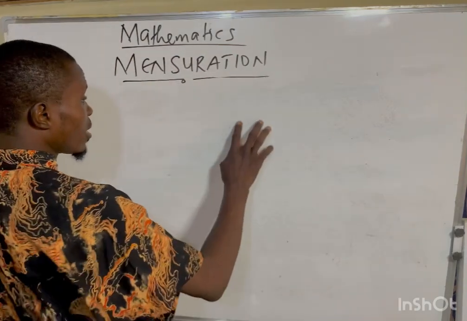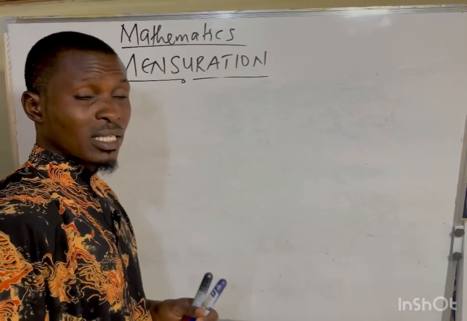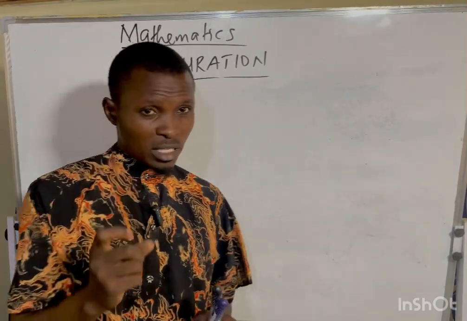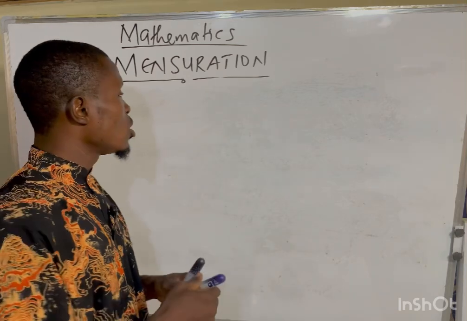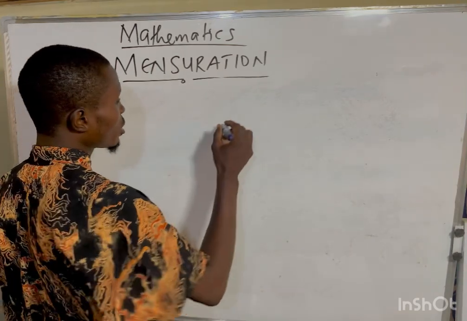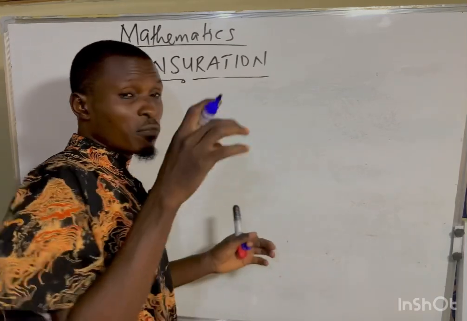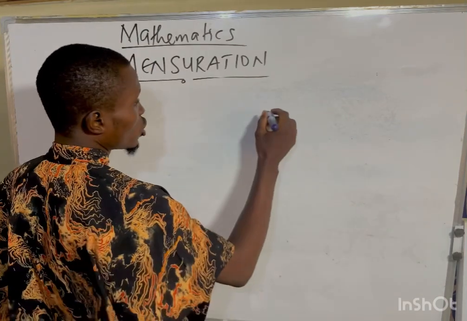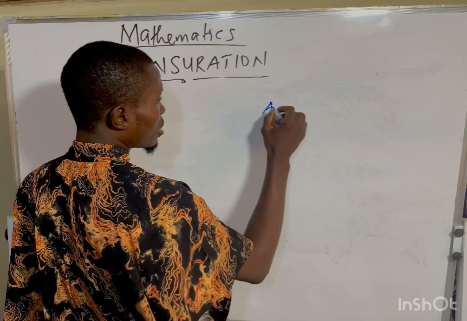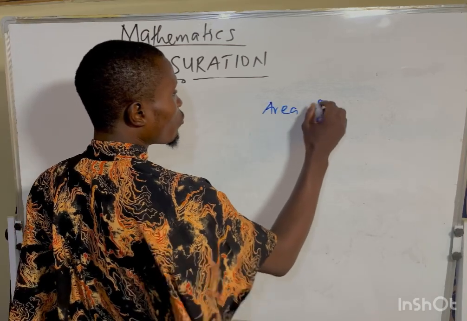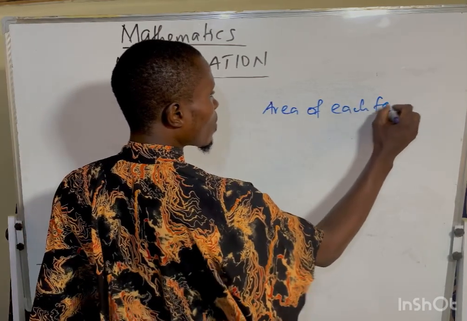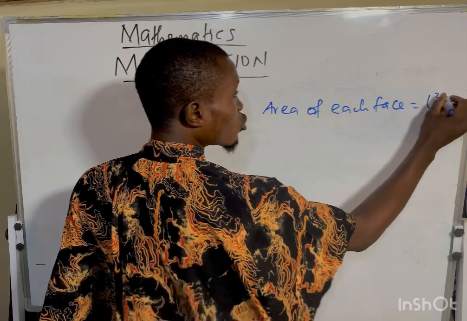You know what the cuboid is, right? The cuboid has how many faces? 6 square faces. So the surface area of a cuboid is given by what? Each of the faces is a square, right? So the area of each face should be L square.